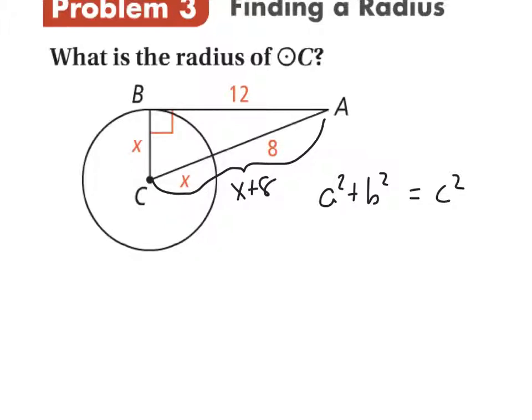That is key information. If you're ever going to work the Pythagorean theorem properly, you have to know that the hypotenuse, which is the longest side of the triangle, is always the value of c. Always. So in this case, I have x squared plus 12 squared equals x plus 8 squared.